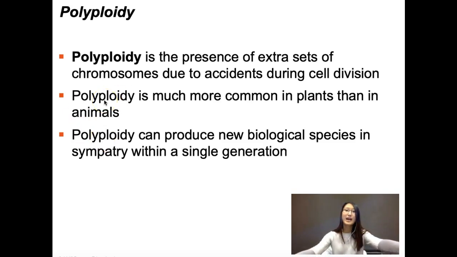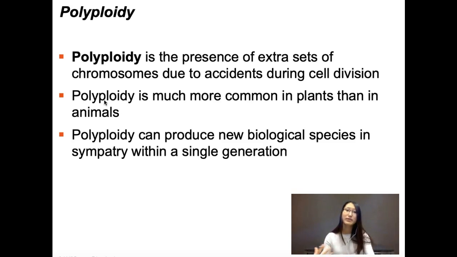So this process happens a lot more often in plants than in animals. I suppose there are fewer checkpoints or mechanisms to prevent non-disjunction from happening within plants. Okay, so with this polyploidy, let's say you have a plant that's supposed to be 2N, but because of non-disjunction, we have offspring plants that are 3N or 4N or even 5N.